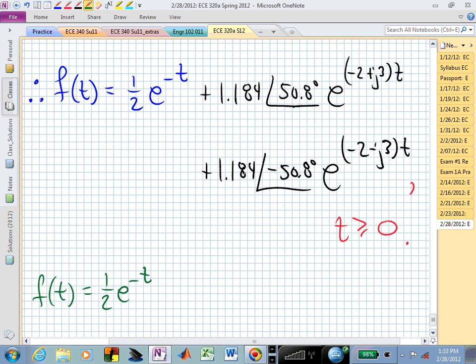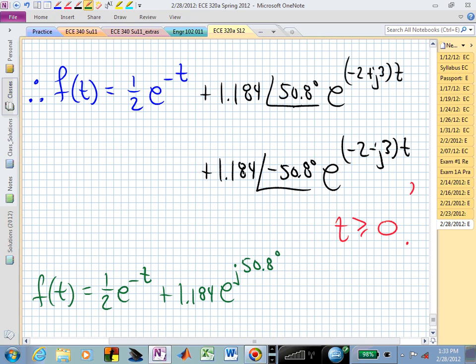And now let me rewrite that 1.2 at an angle of 50 as 1.184 e to the j 50.8 degrees. Isn't that the same? It has a magnitude of 1.184 and an angle of 50.8 degrees.